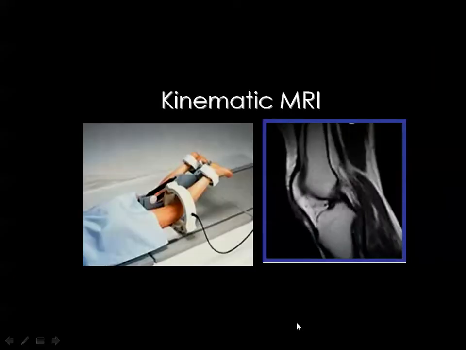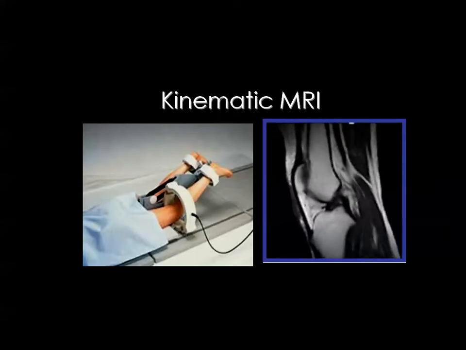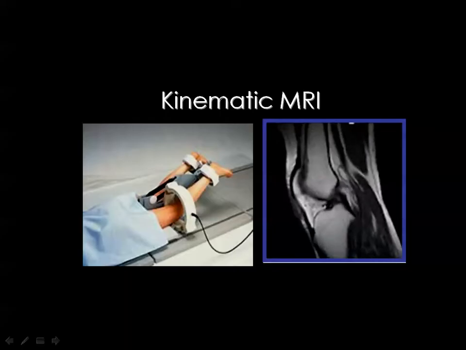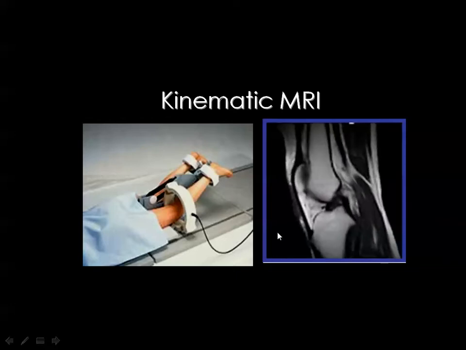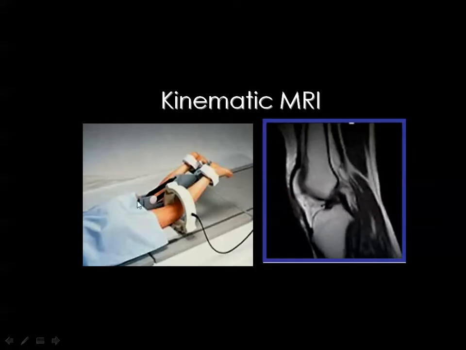Then you know that dynamic imaging of the joints in general is very important in detecting diseases that cannot be seen on static imaging. And this was an old technique which is known as kinematic MRI, where we can evaluate the knee in the sagittal, axial, and coronal planes while the knee joint is flexed and extended.